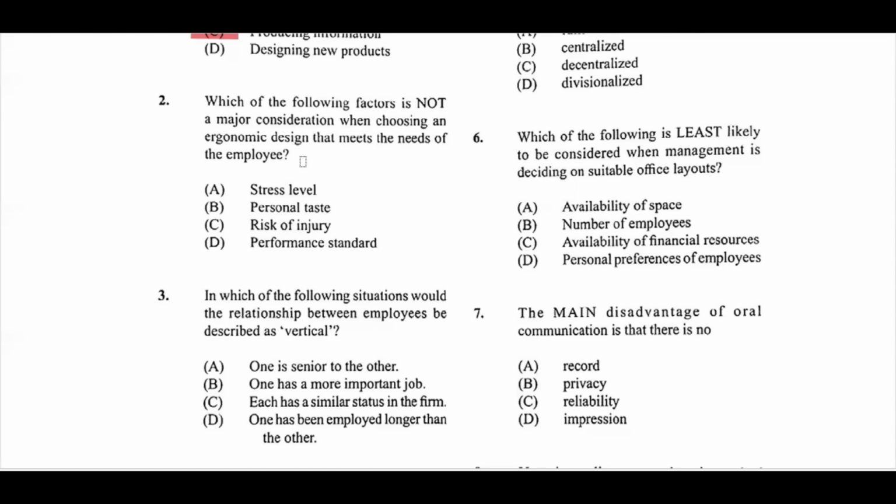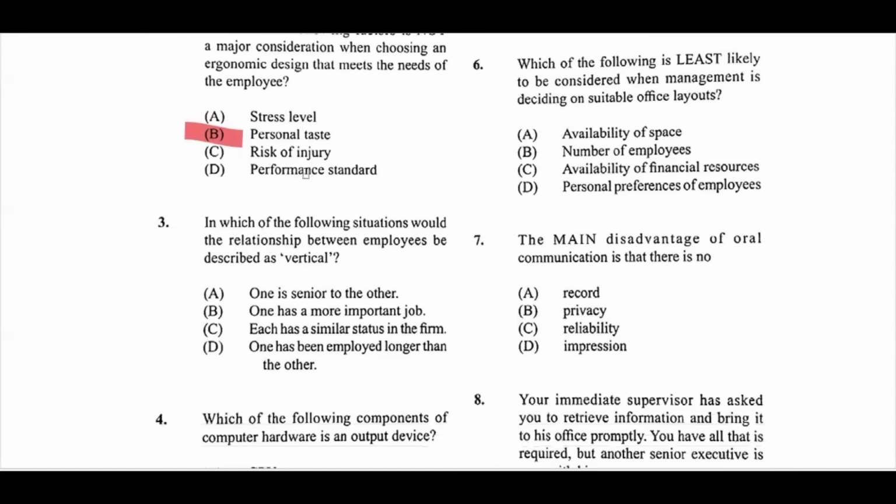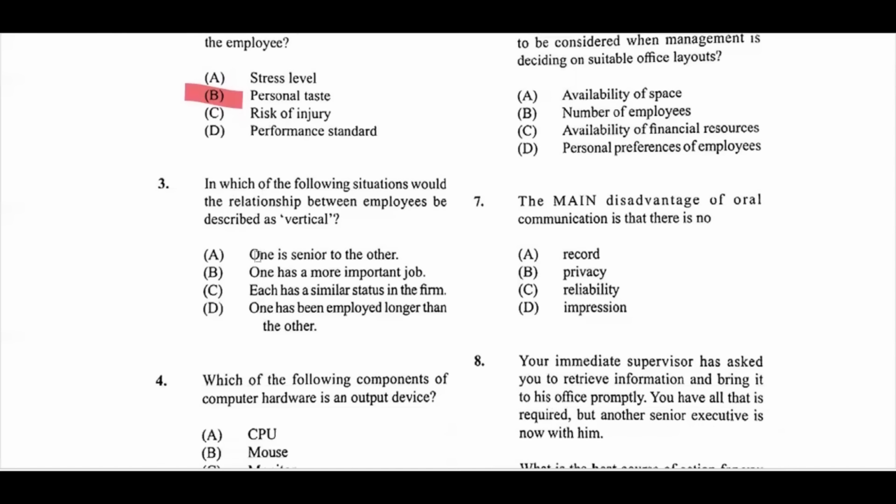So which of the following factors is not a major consideration? That will be personal space. We actually do ergonomics to prevent stress and injury and to increase performance standard. That is the main reason why we do ergonomics in the workplace.